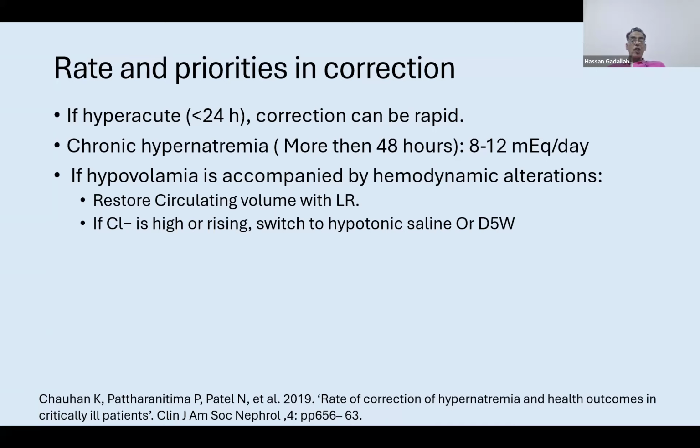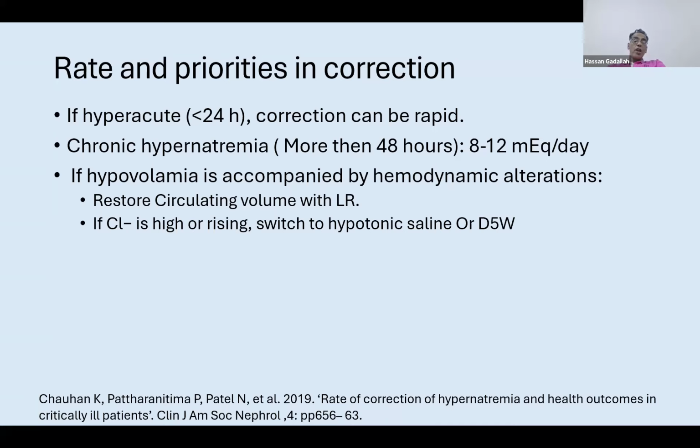It's essentially free water. If this is not corrected, the sodium rises steeply in less than 24 hours. So we can go for rapid correction in such cases because it's hyperacute.